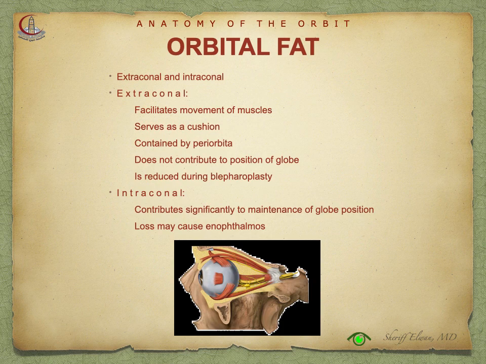It does not contribute to the position of the globe and is reduced during the operation of blepharoplasty. Its excision does not lead to any sort of enophthalmos. So the extraconal fat doesn't serve in positioning of the globe within the orbit. On the contrary, the intraconal fat contributes significantly to maintenance of the globe position, and its loss may cause enophthalmos.